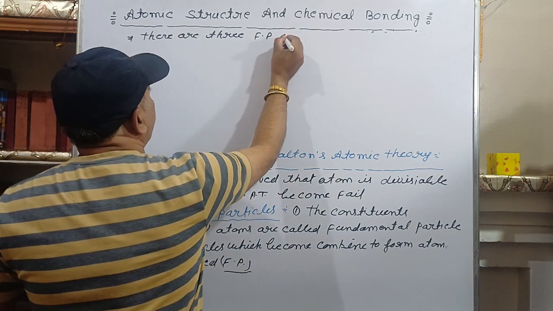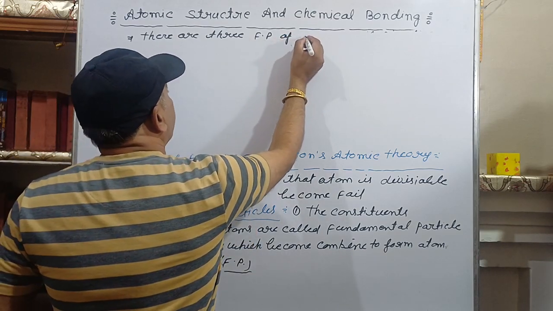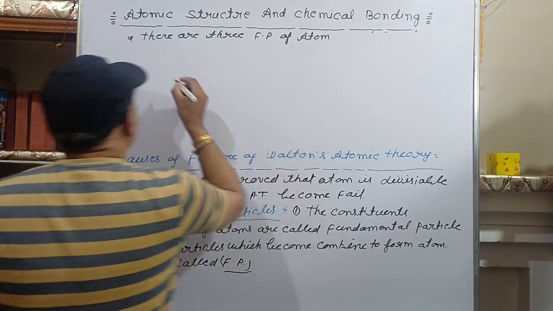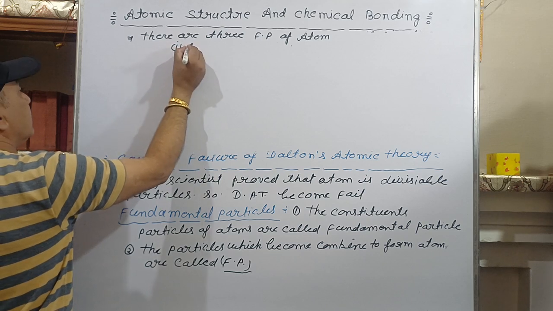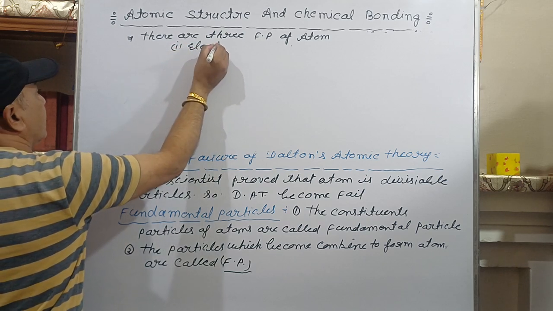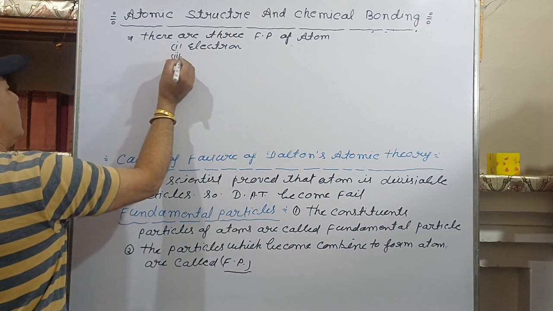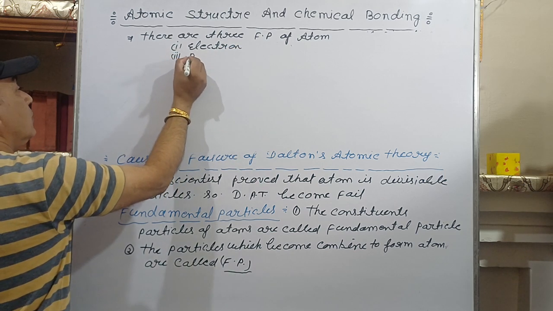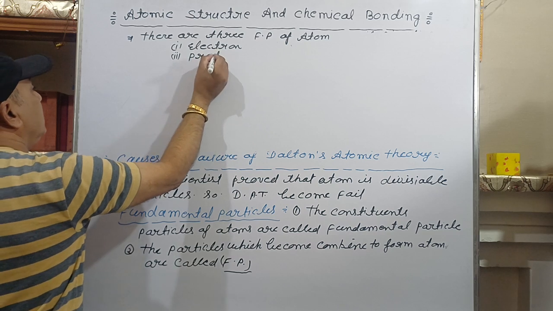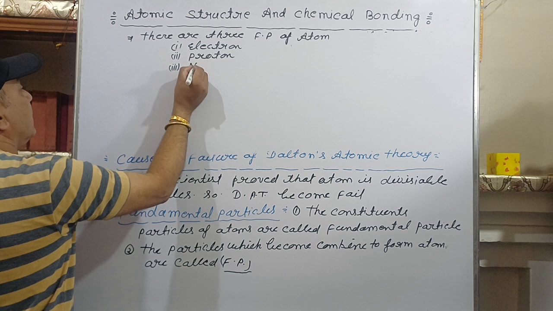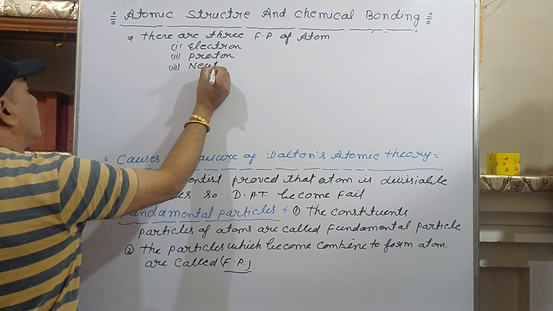There are three fundamental particles of atoms. Number one, electron. Number two, proton. Number three, neutron.